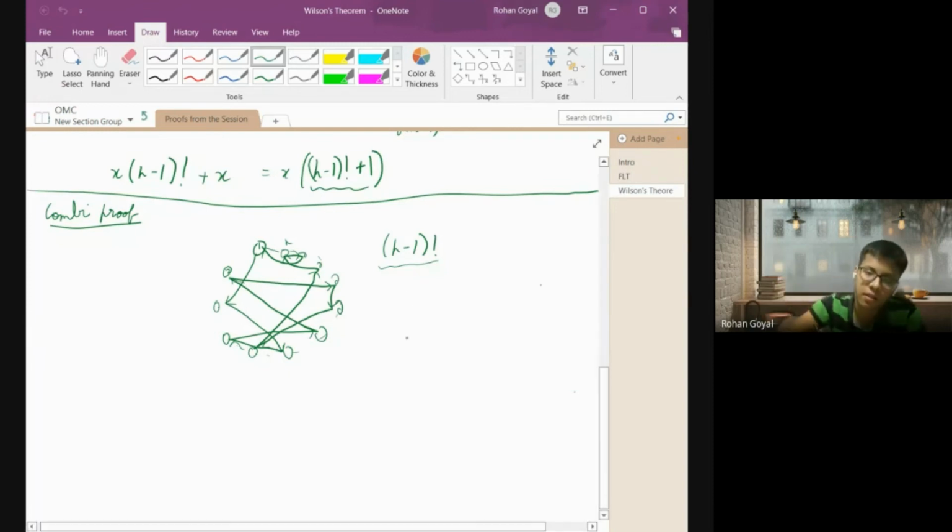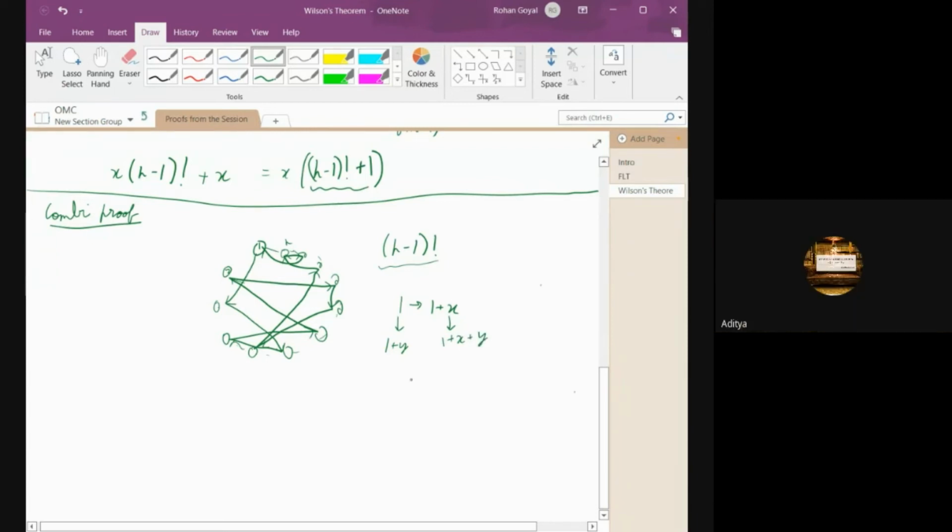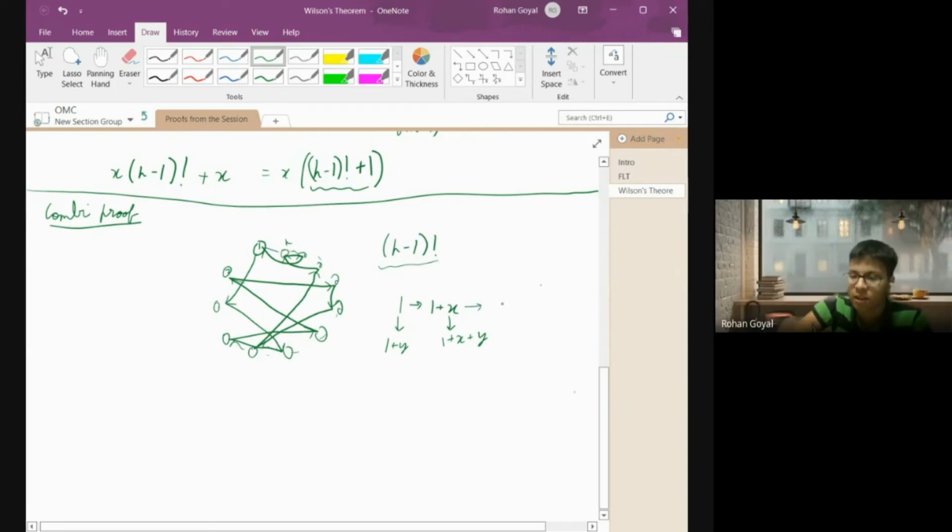Okay, so let's see what happens if I change 1 to 1 plus x. Initially, let's say 1 had an edge going to 1 plus y. Now that means 1 plus x has an edge going to 1 plus x plus y. But 1 plus x went to 1 plus 2x, so there must have been an edge from 1 plus 2x to 1 plus 2x plus y.